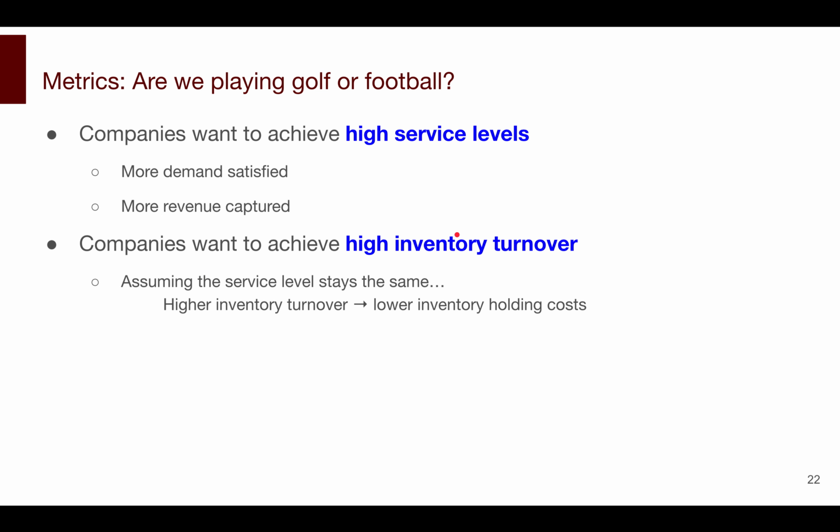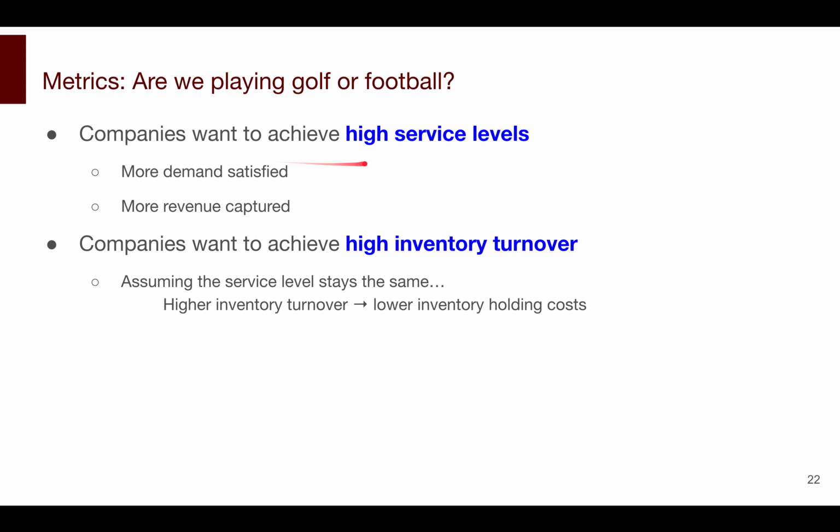Okay, when you look at metrics, you need to remember, are you playing golf or are you playing football? So for example, in golf, the higher the number of strokes you take to complete a course, the worse you get. So high scores are bad in golf. But in football, the more goals you score, the better. So high scores are good in football. In this case, we're basically playing football.